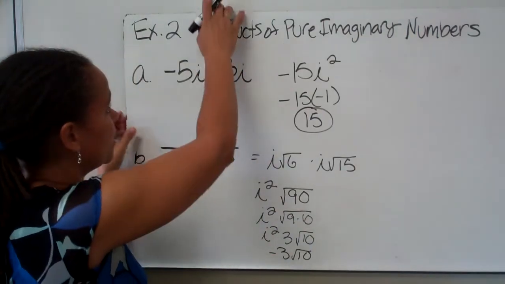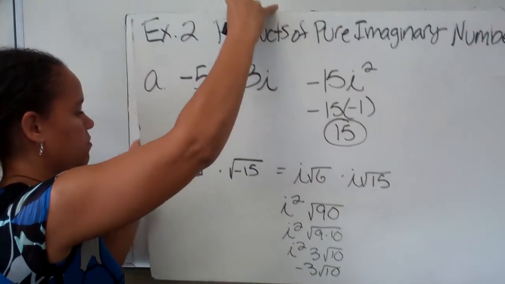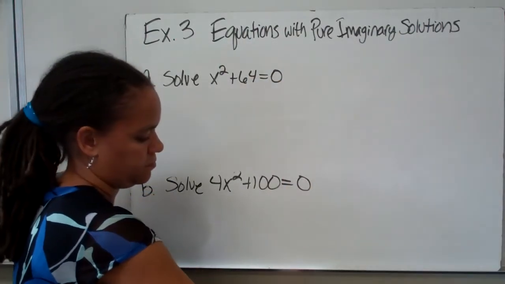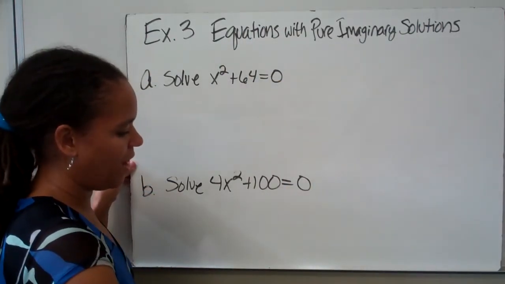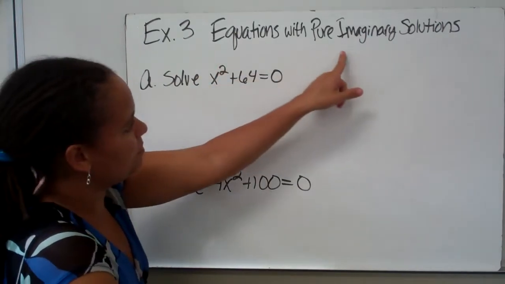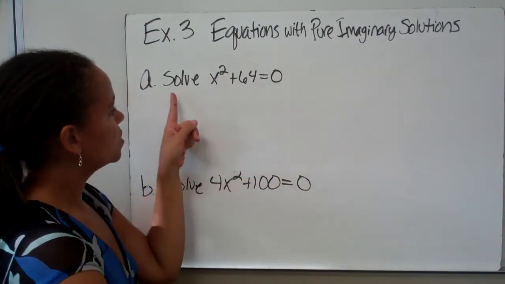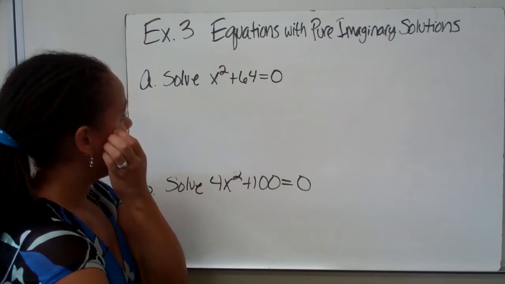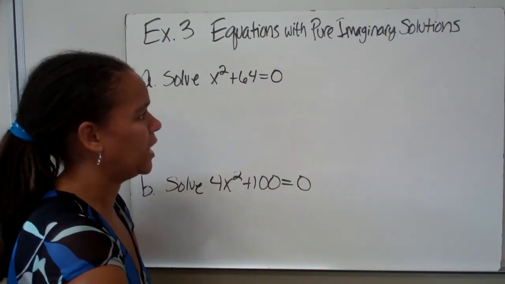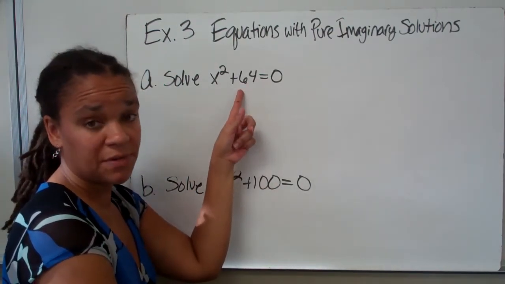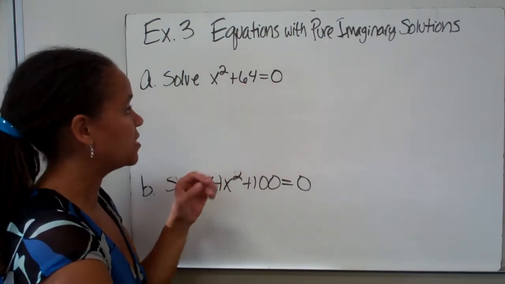All right, let's look at one more example. Well, a little more. We have equations with pure imaginary solutions. So if we were to solve this one here for x, I'm going to get x by itself. Well, at first I would try to subtract 64 to isolate x squared.